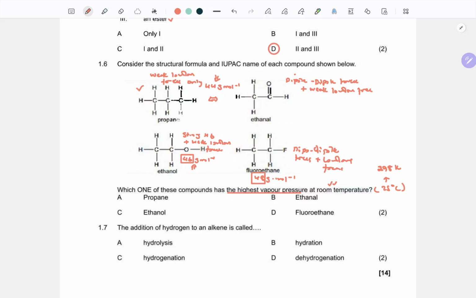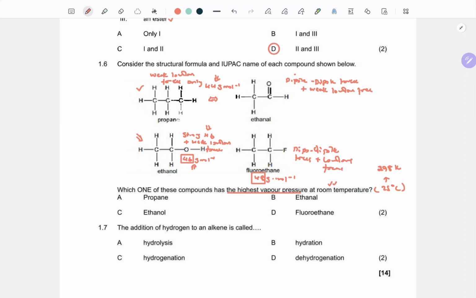Now, do you realize that if I ask you which molecule of the two will have a higher boiling point, you would want to jump to ethanol because you see the hydrogen bonds. But if you look at the molar mass, they don't have the same molar mass. It's not even comparable. I mean, 46 to 48 is a difference of 2 units, which is significant because it has to be less than 1 unit to accept the comparison.